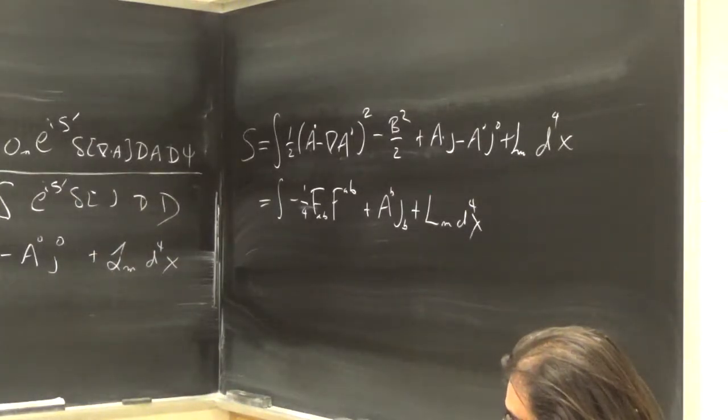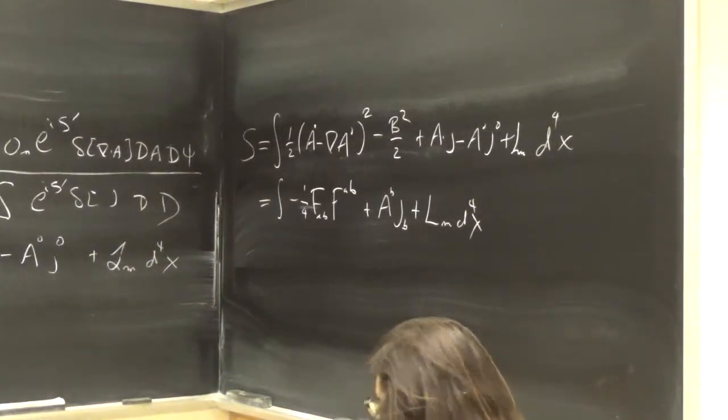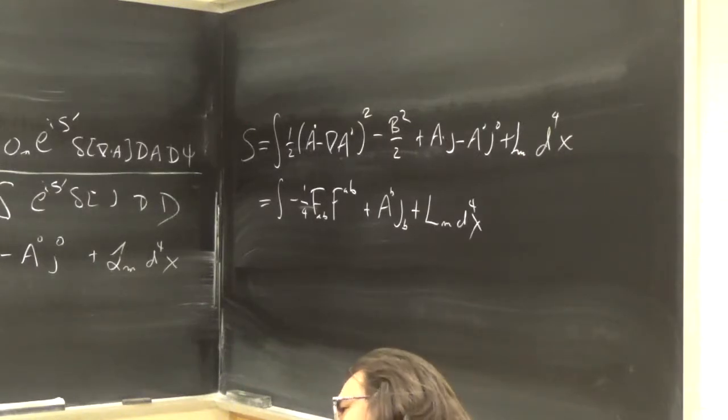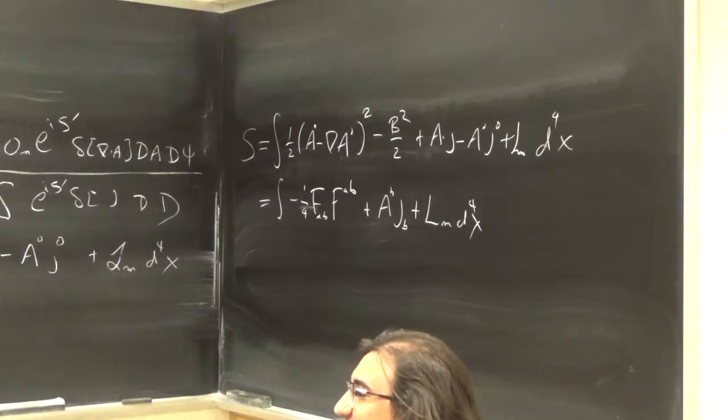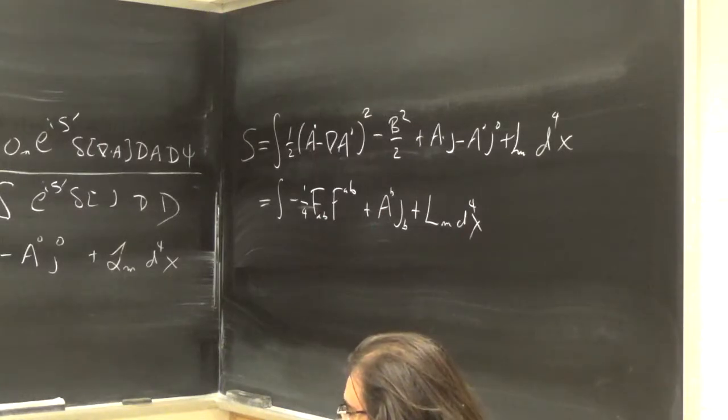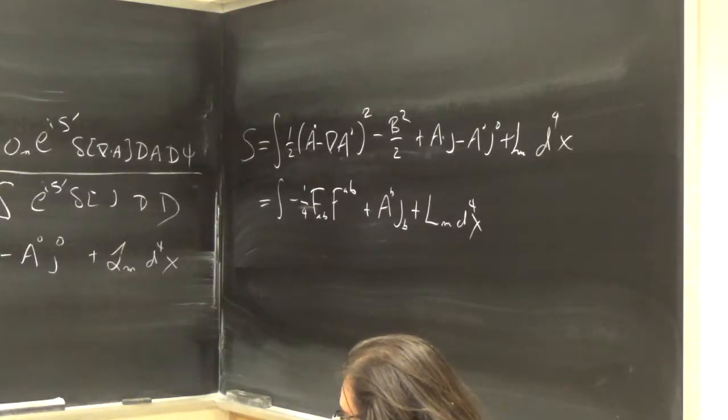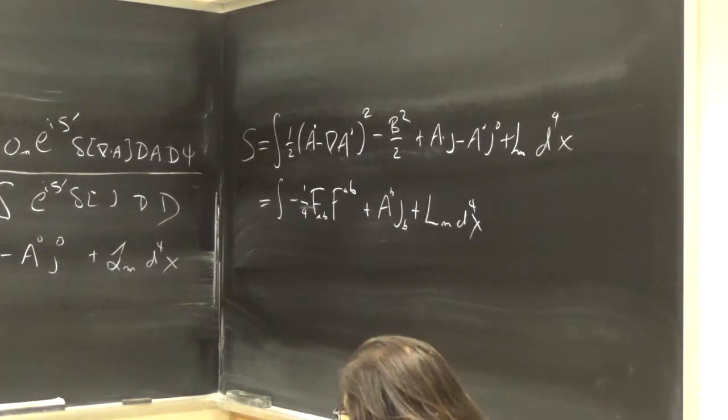Yeah. Okay. Well, maybe the term that I'm thinking of: what happened to the J inverse Laplacian J? What happened to this term? Did that term not just become J0 A0 or something? That was my original thought.